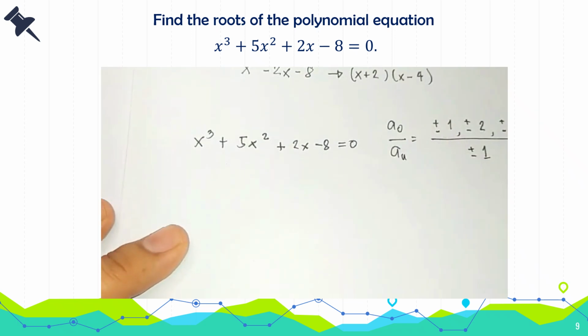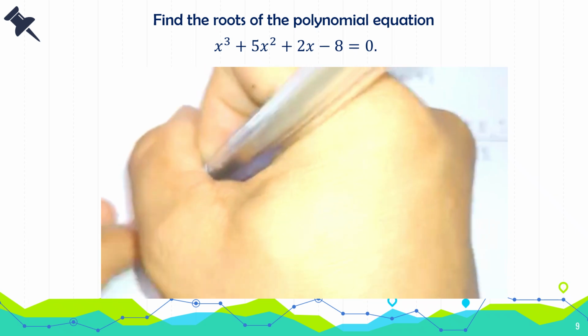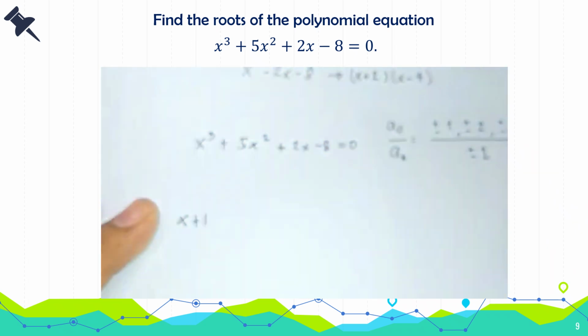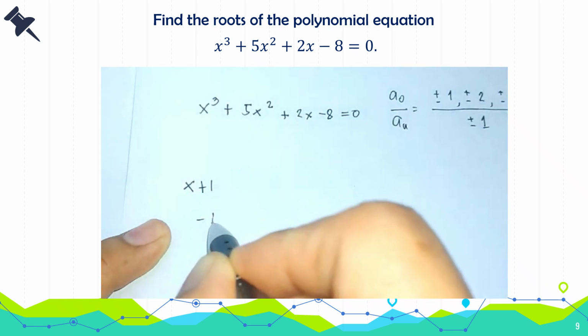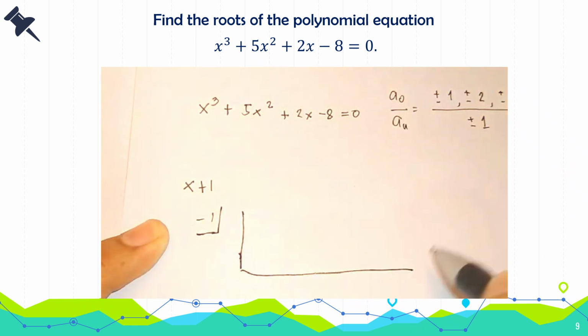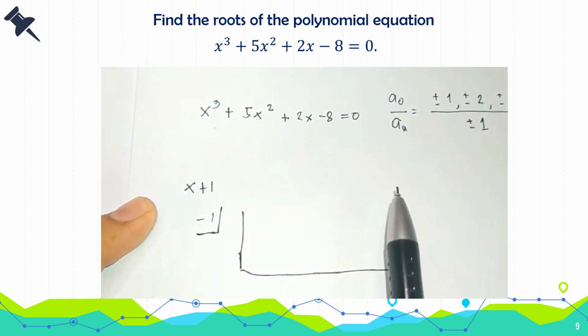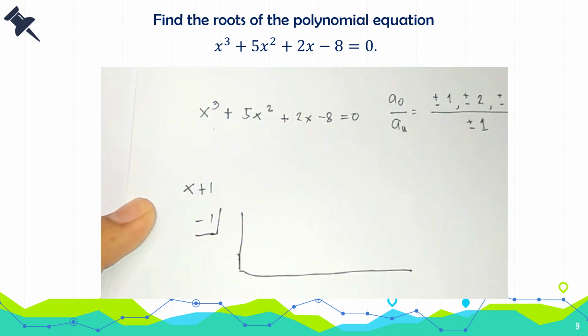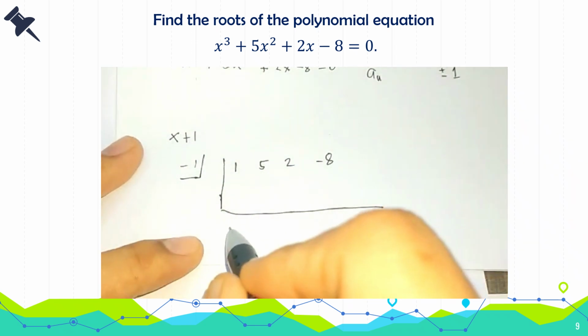So next step is, we will use the synthetic division. Let me use the x plus 1. So using the synthetic division, we will have here negative 1. Now we will list the coefficients with the constant here. Now let's do the synthetic division. Down 1.